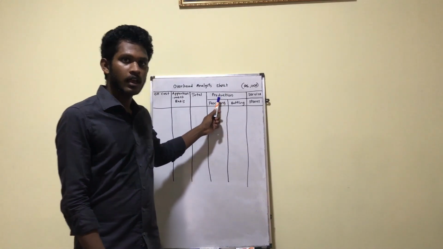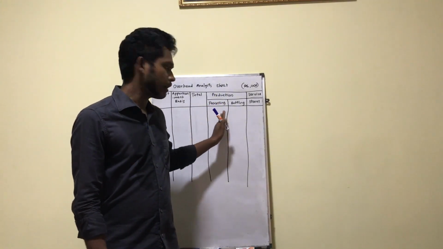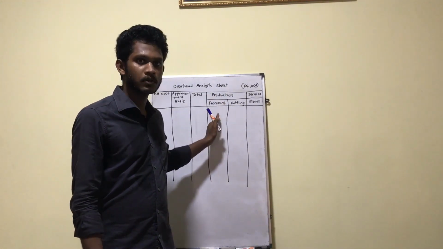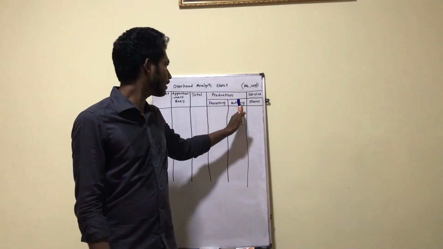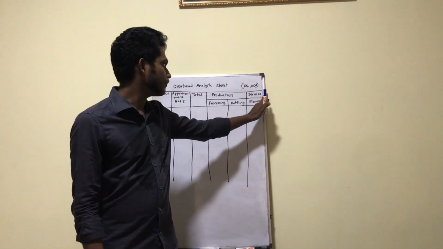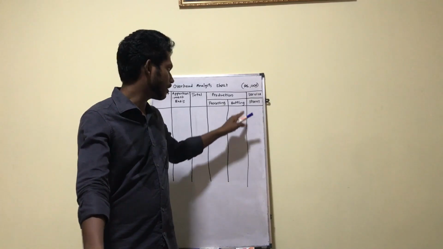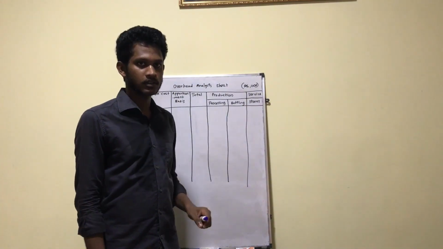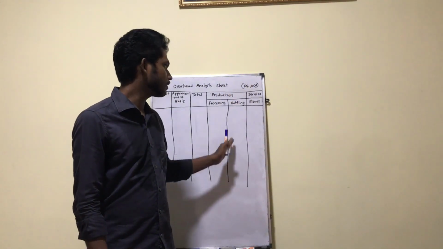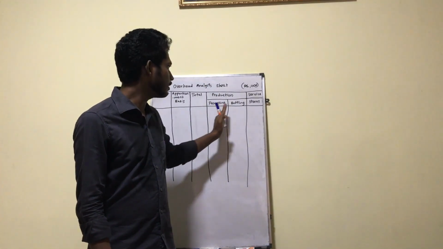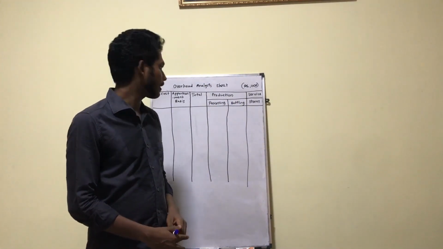The production division is composed of 2 items, that's the processing department and the bottling department. And when it comes to service departments, there is one service department that's called stores. So you have to separate the total cost among those 3 divisions, right?